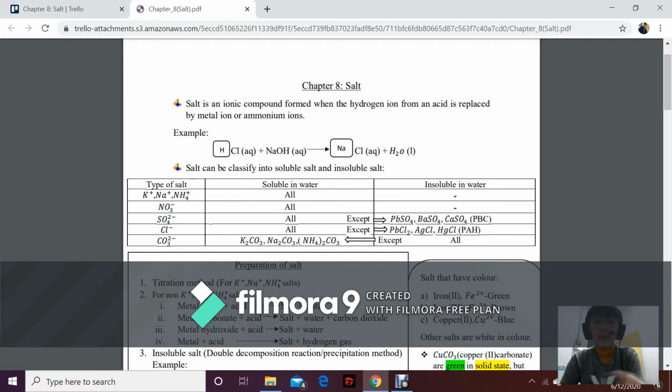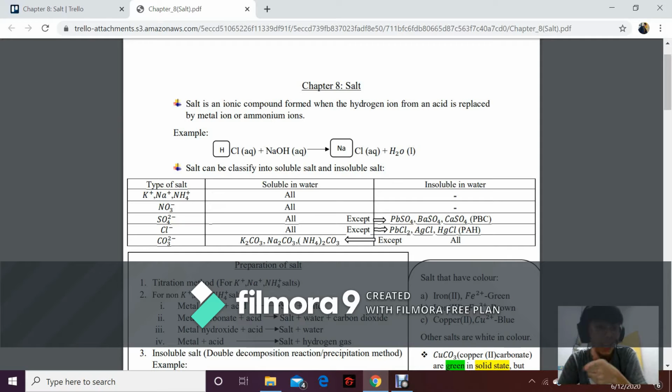So as a quick recap, what is the insoluble salt for sulfate or chloride? For sulfate, the case is PbC: lead sulfate, barium sulfate, calcium sulfate. And for the case of Cl, the insoluble salt is PbCl2, PAH, right?